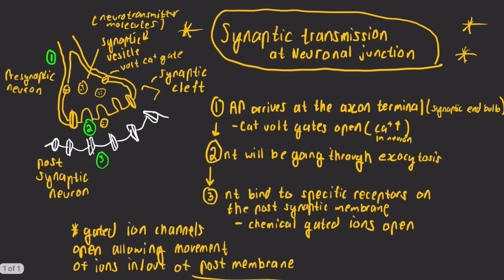The chemically gated ion channels will open, allowing the movement of ions in and out on this postsynaptic membrane. And depending on the channels that are opening, this can result in a graded potential, which is referred to as the postsynaptic potential. So it is the graded potential for this postsynaptic neuron.